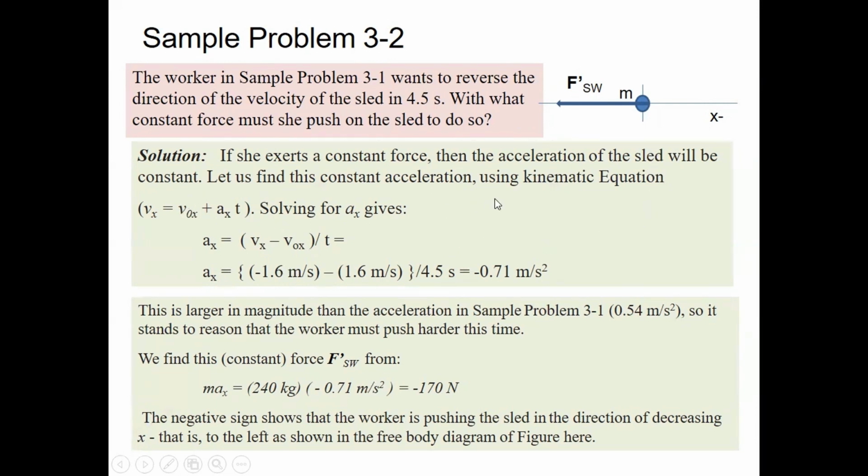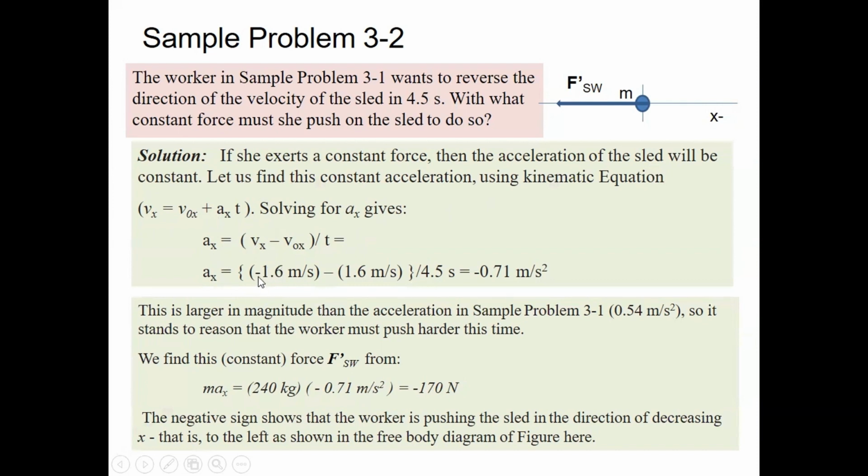So we use the kinematic equation. The final velocity is equal to the initial velocity plus acceleration along the x-axis times t. We have to find the acceleration, therefore V final minus V initial divided by t is the acceleration.